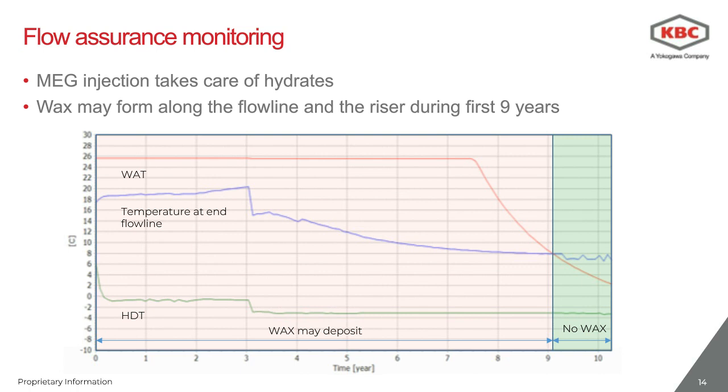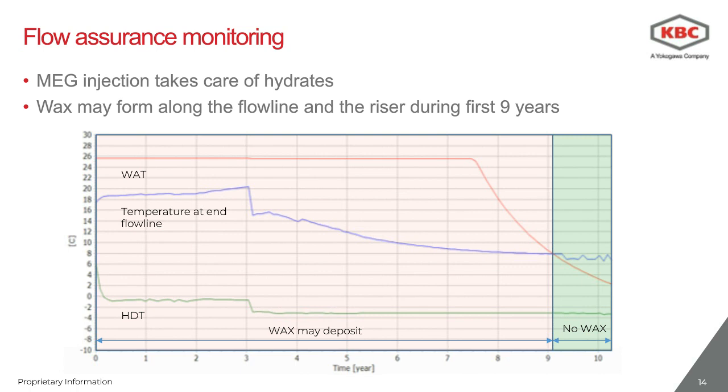The green line is the hydrate dissociation temperature, and you can see that as MEG kicks in, the hydrate dissociation drops below 0 degrees C. The arrival temperature is consistently above 5-10 degrees in most of the history of production.